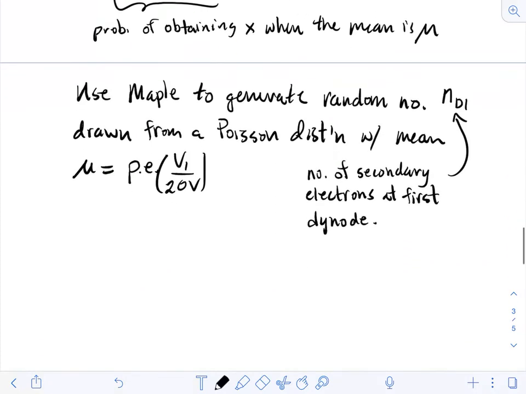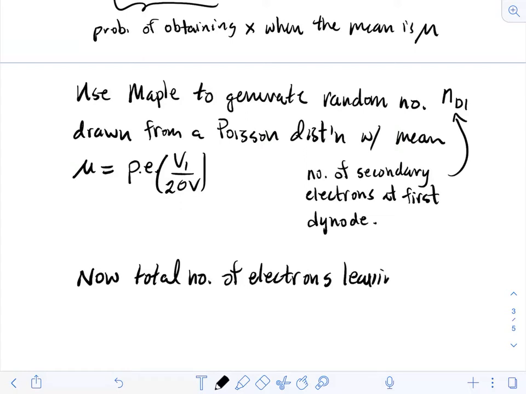Okay, good. So now what we would have is the total number of electrons leaving the first dynode and going on to the second dynode. It is the original number that were coming in plus the number of secondaries that were generated.